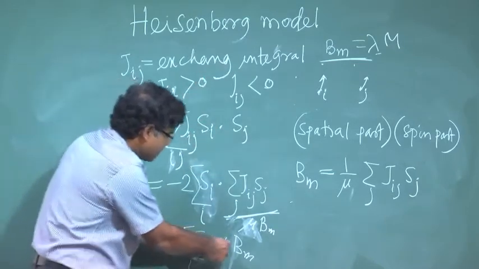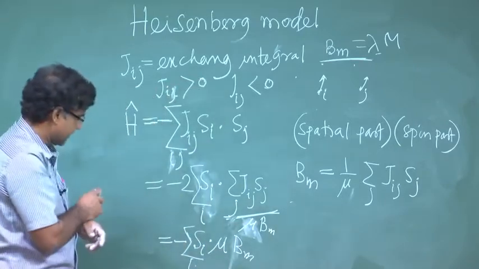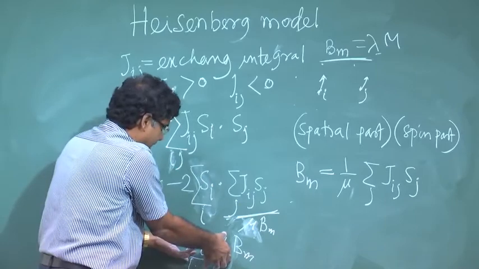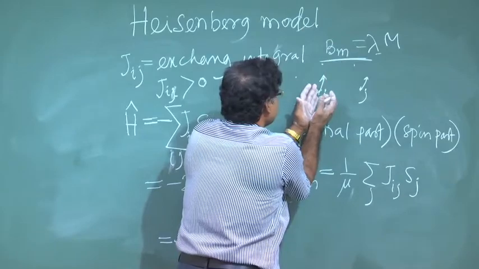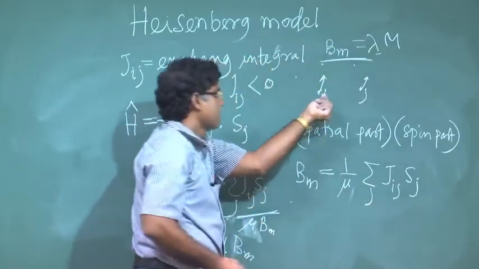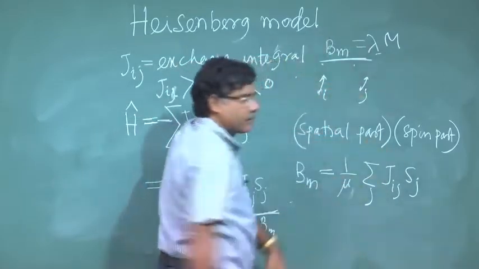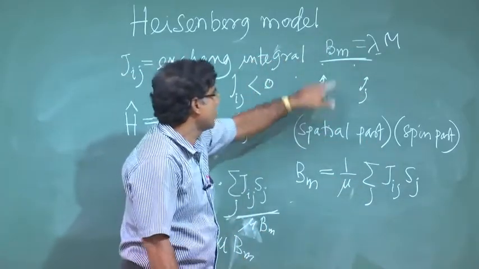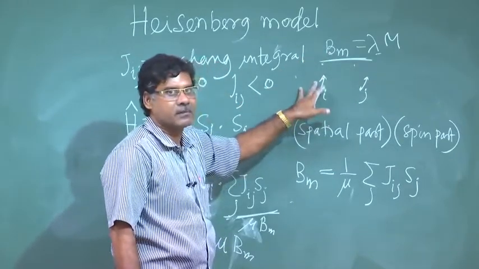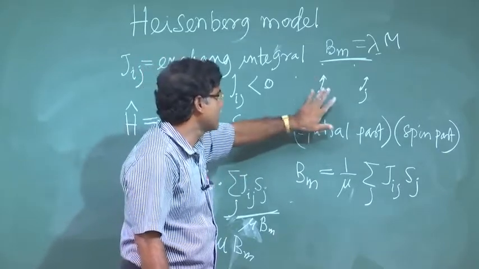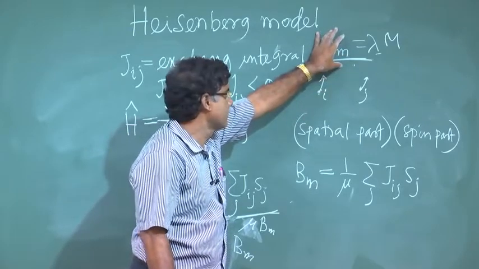This mu dot B, the energy is minus mu dot B, so that is why minus. I am writing this from the concept of Bm. I have spin 1, 2, 3, 4, 5, given by I, and on this spin the Bm field is acting. So the energy will be mu V, or just mu into that field.